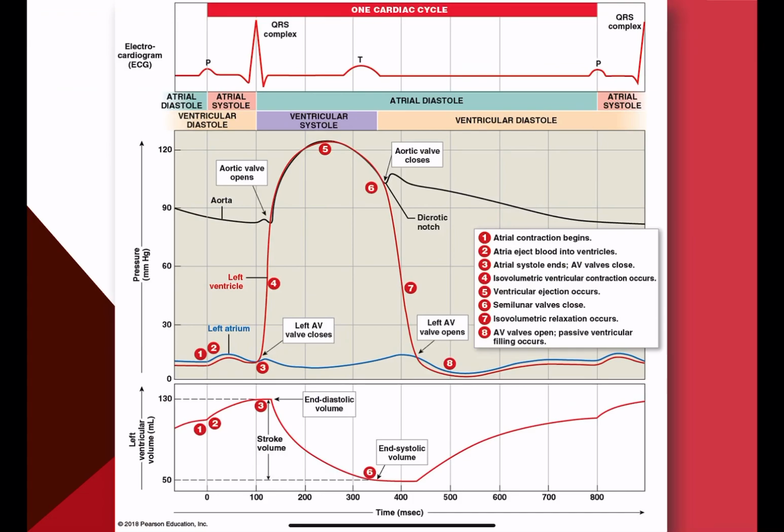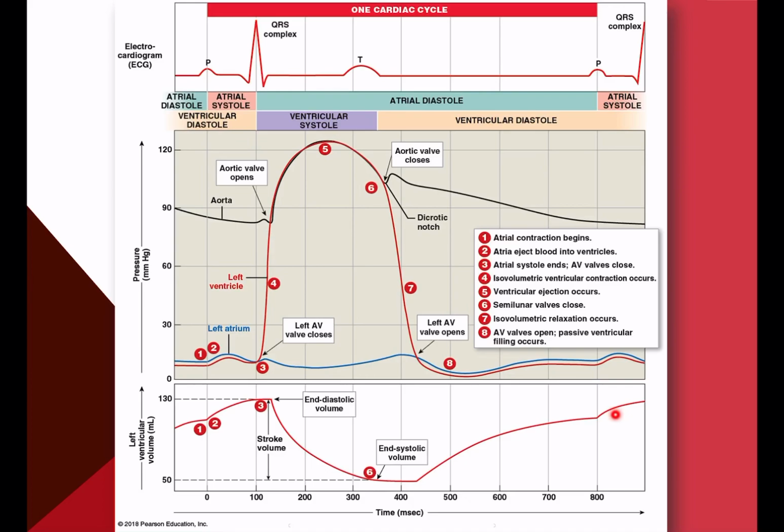Okay. Now this is the last note of the chapter. I kind of cut this graph in half when I was talking about the first half of the cardiac cycle and the second half of the cardiac cycle. In case you want to see the entire chart, I have for you right here the entire chart of the ECG of one cardiac cycle, and the pressure experienced by your atrium, ventricle, and aorta, and also the volume throughout the entire cardiac cycle.